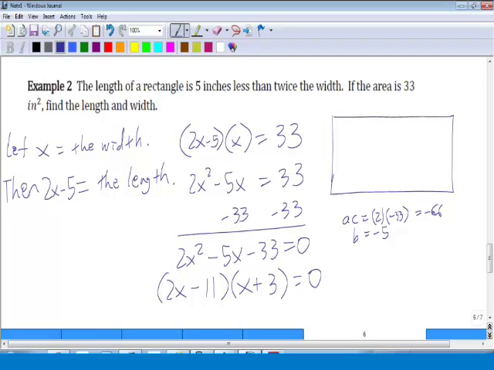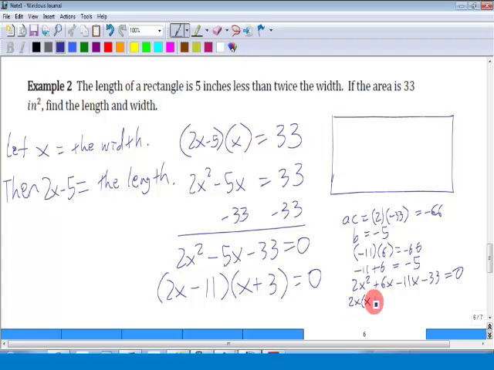Negative 11 is probably one of them, and positive 6, since negative 11 times 6 is negative 66, and negative 11 plus 6 is negative 5. I could use those two to break apart the minus 5x and write 2x squared plus 6x minus 11x minus 33 equals 0, effectively rigging up this trinomial into a 4-term polynomial, which can be factored by grouping.